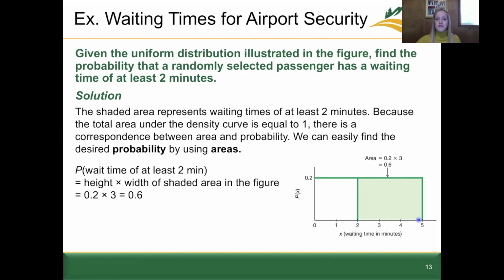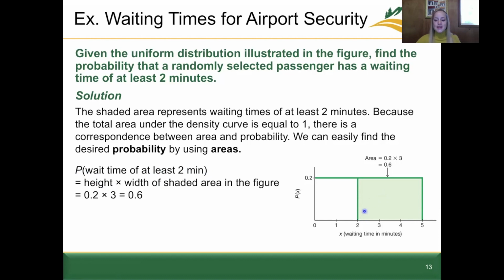To use our notation for probabilities that you should always keep in mind, capital P, the probability of a wait time of at least 2 minutes. With this probability notation, how we solve that is we take the height times the width in this shaded region, and then we get our probability value.